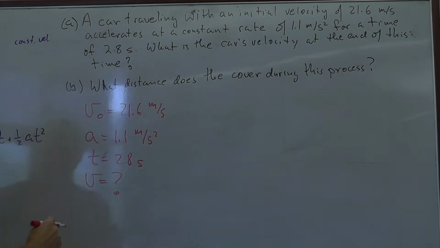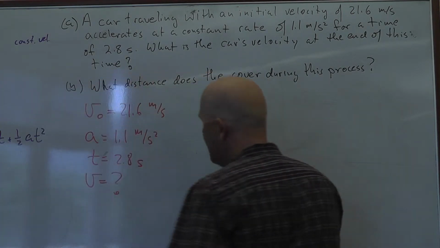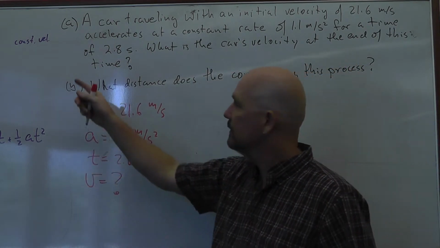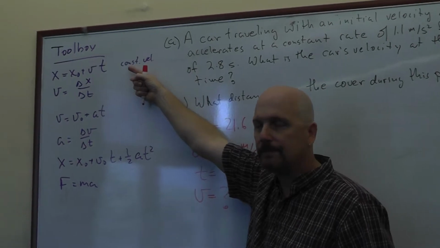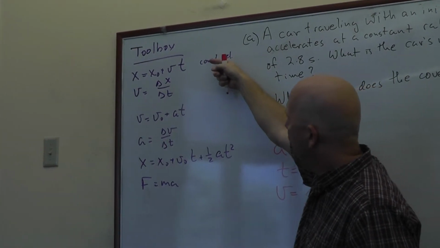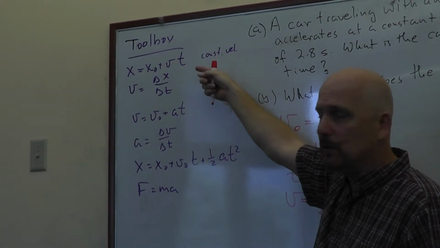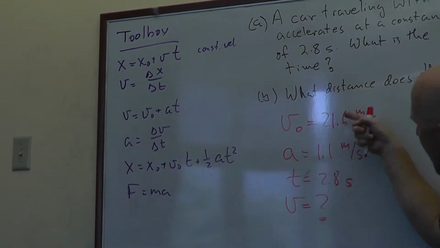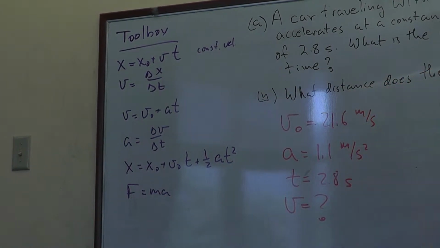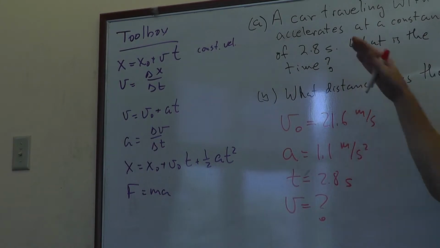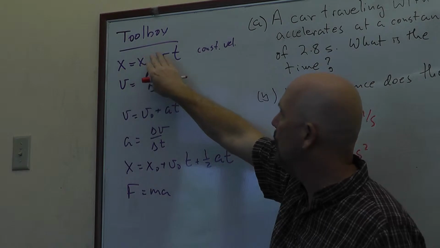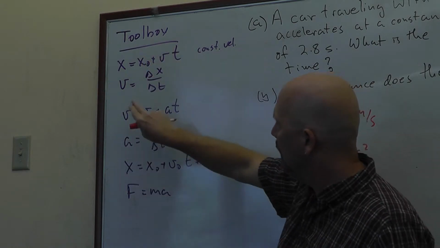Okay? So now let's take a look at the equations in our toolbox over here. This is from this week's toolbox, the added equations, and I look at these equations and compare them to the things that I know. Well, the first part of the question doesn't ask anything about position, so I'm going to ignore that one.